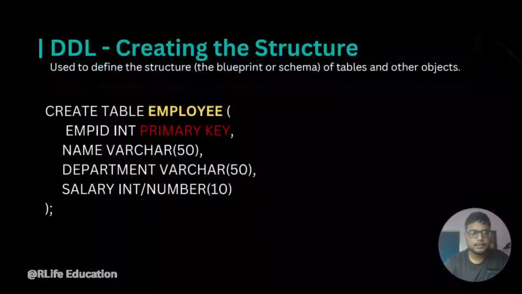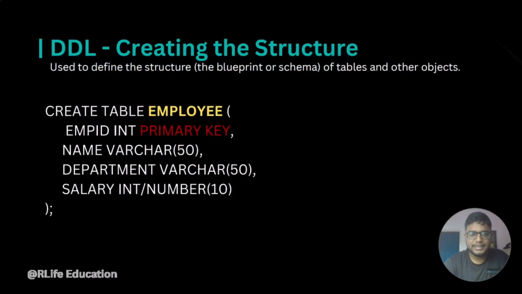First of all, DDL, basically it is used to create some blueprint or schema. The schema is an object. This object is our table, or it may be a view.